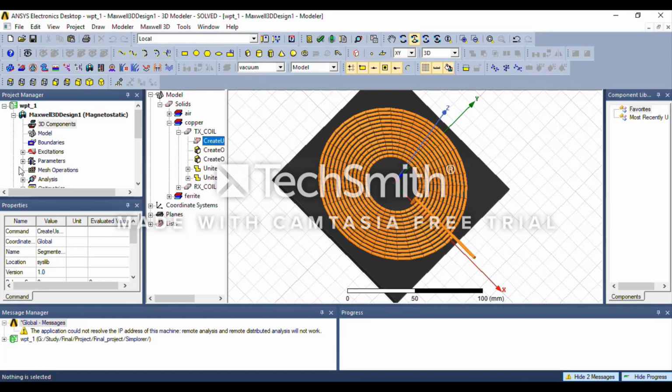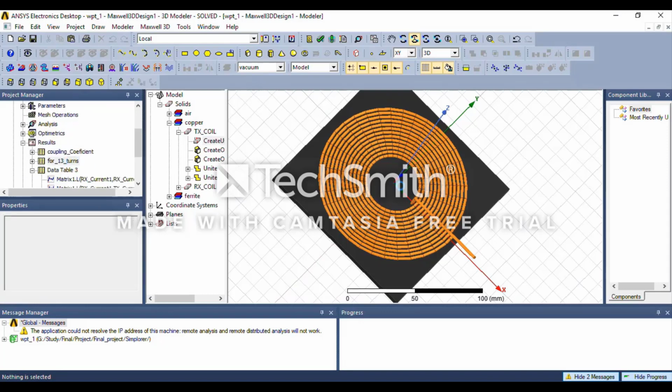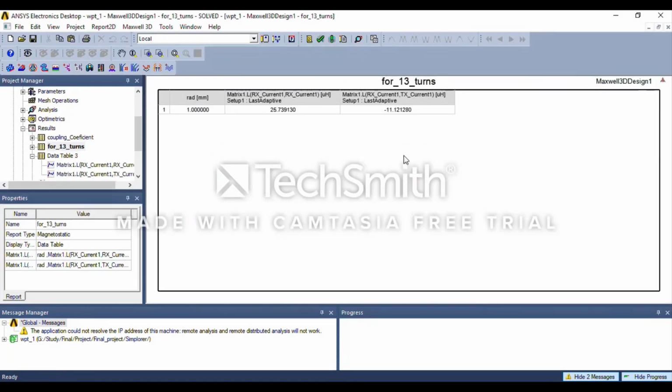So let's see the results. For 13 turns, as you can see, we have got a self inductance of the coil of nearly 25.73 microhenry, which is quite near to the target, and this is the mutual inductance between the two coils. We will see it at a later stage.